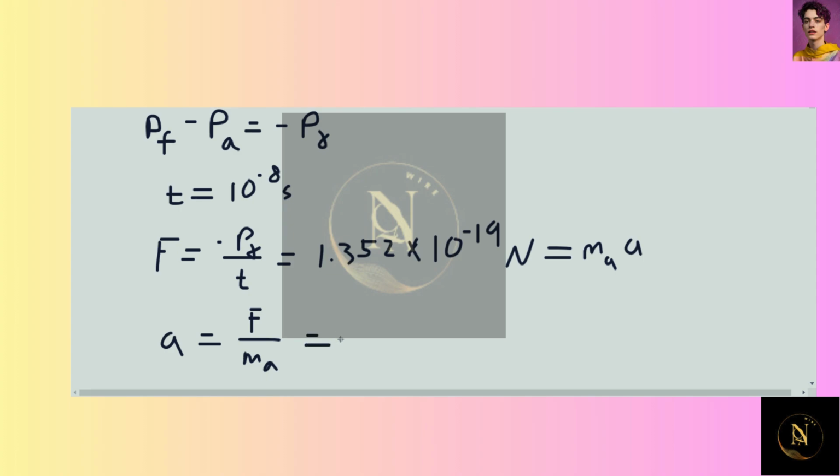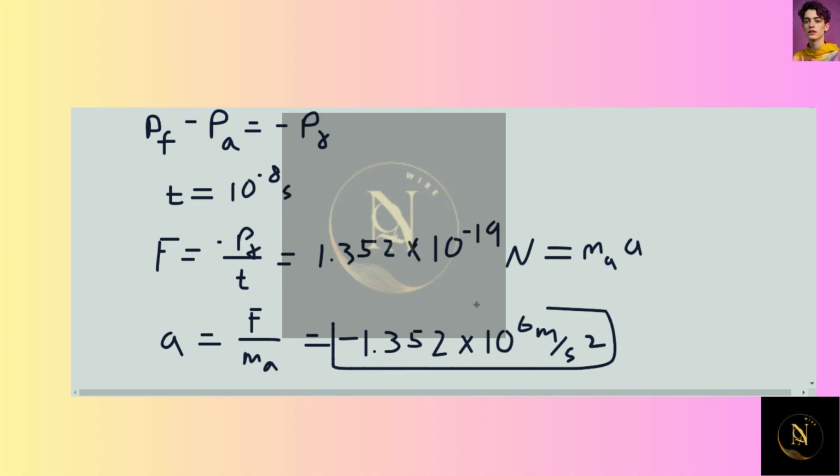Plugging in these values, we find that this is equal to negative 1.352 times 10 to the 6 meters per second squared. We're dealing with acceleration, and the negative sign is because it's decelerating.